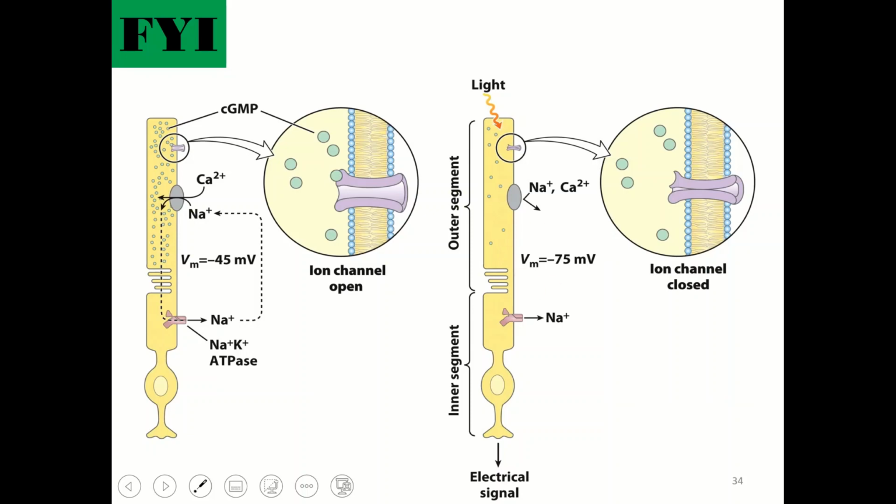And then the membrane potential becomes lower, and that lower membrane potential causes an electrical signal, which is then transported to the next neuron, and then finally through nerve cells all the way into the brain.